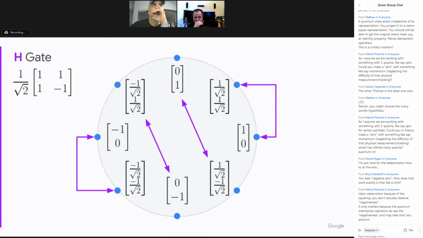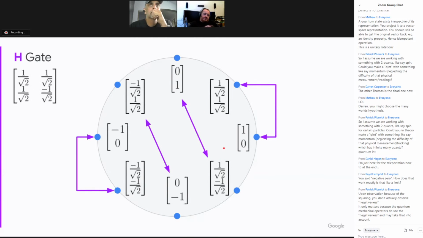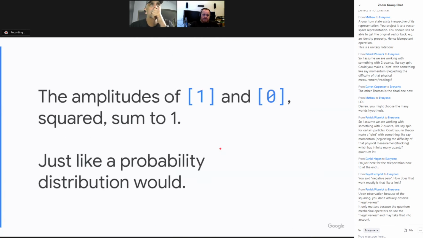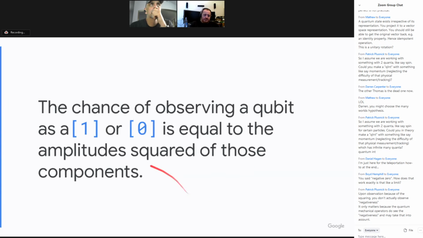Okay, I want to clear the queue of questions really quickly. One of them is, what's this negative thing? What do I mean when we say there's negative zeroness? Now, the way a mathematician might speak of these is that what we're talking about with zeroness and oneness is an amplitude.